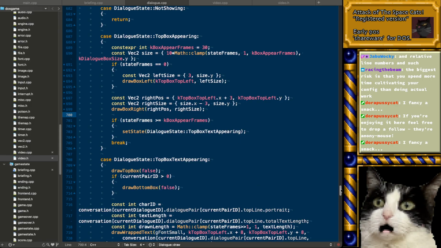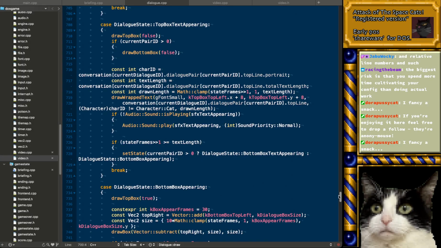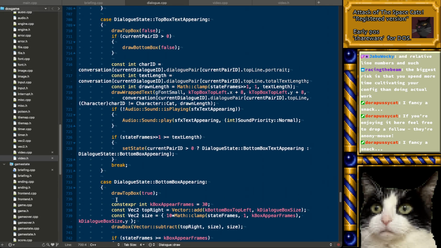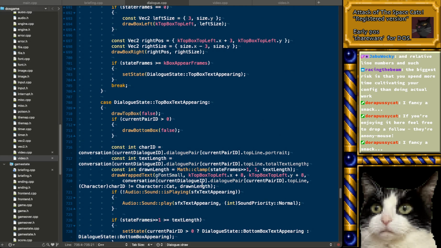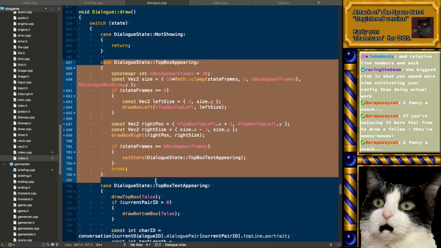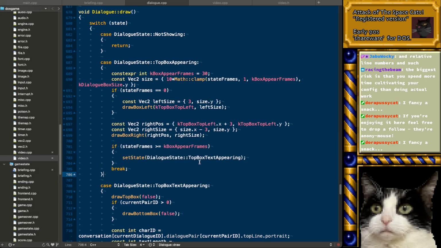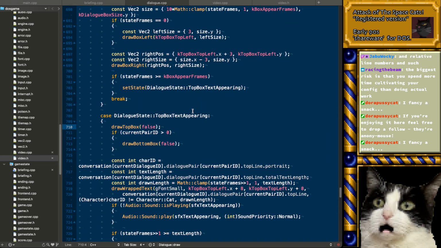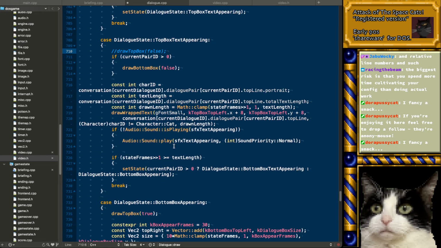Yes, the next thing to do then would be the bottom box as well. Now we see at that point, that's the other thing we need to do: that's animated the top box on, and from this point on, we no longer need to draw the top box again.